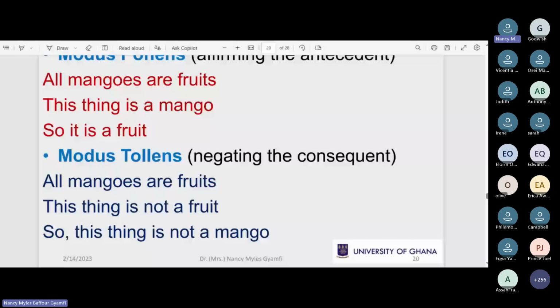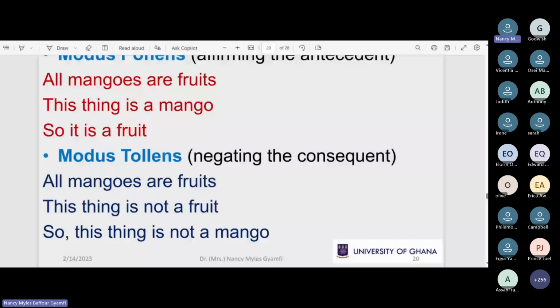Modus tollens says this is how you do modus tollens. Listen, right after your first statement or the conditional statement, modus tollens says go to the consequent first. But whatever is given to you there, negate it. And let that one be the next premise.